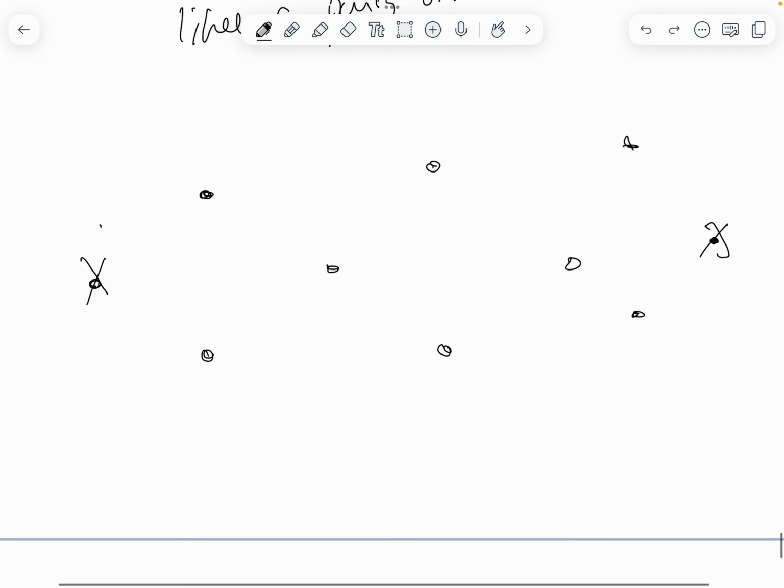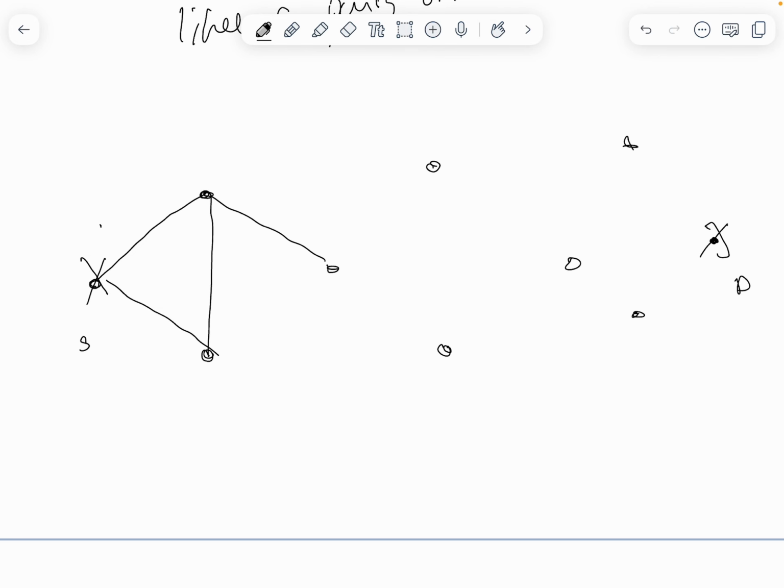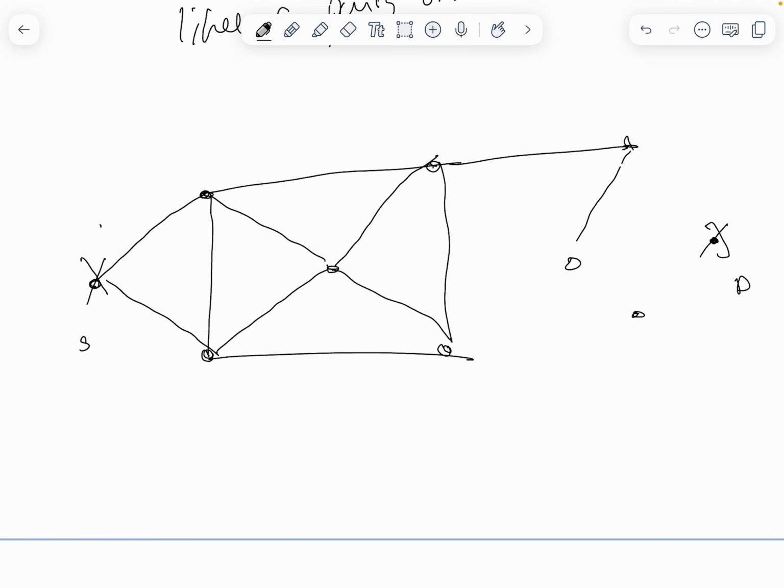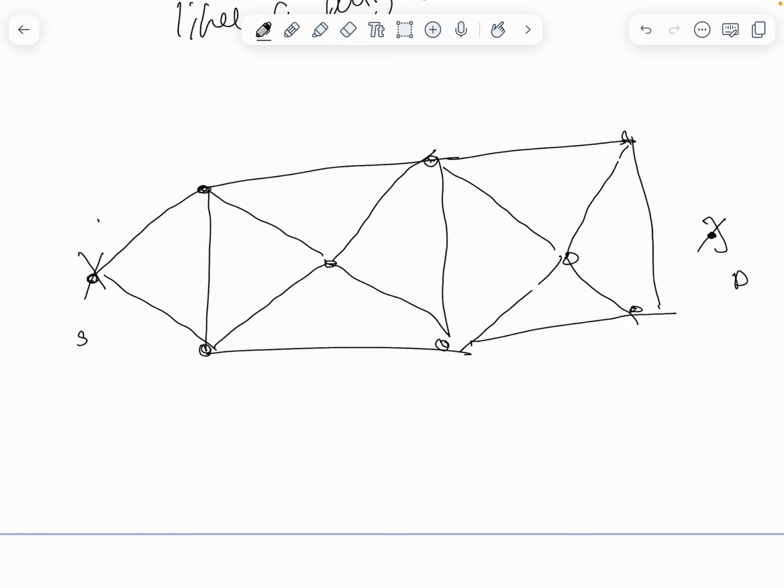I'll just label the source S and the destination D. Alright, so these are the different routes that can be taken, sort of like a pattern, right? And these join here, and this can also come here.